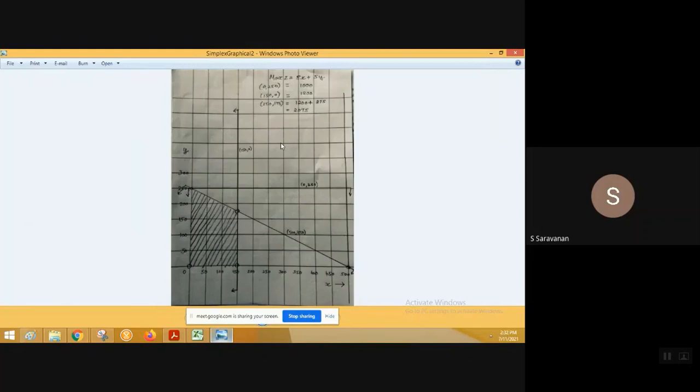If you have 2 variables, you can solve through the graphical method. If there are 3 variables, you cannot use the graphical method, because there are only 2 axes, x and y, or x1 and x2. If there are 3 variables, there is no other choice; we have to go for the iteration method we discussed in the last session.